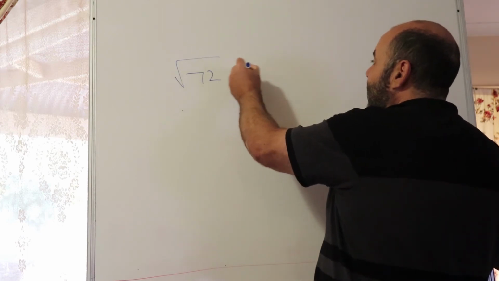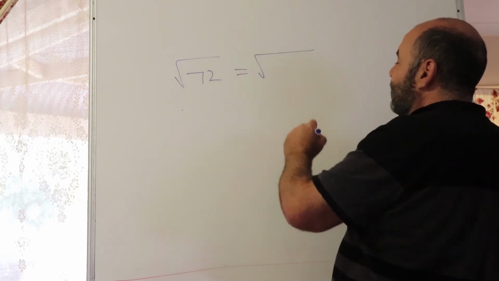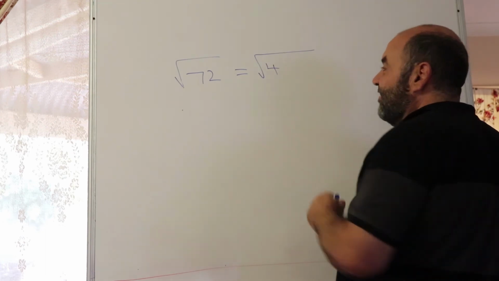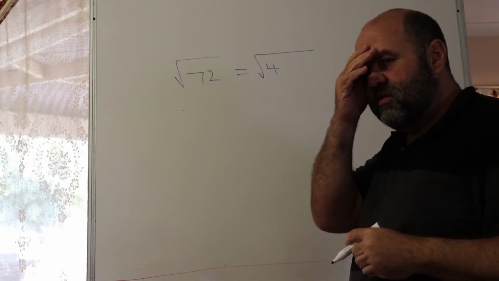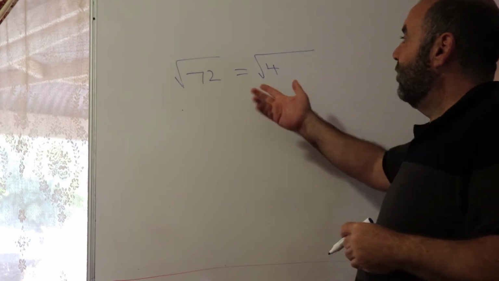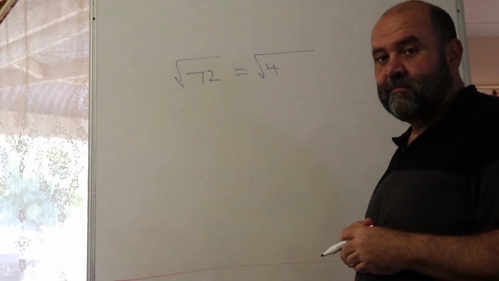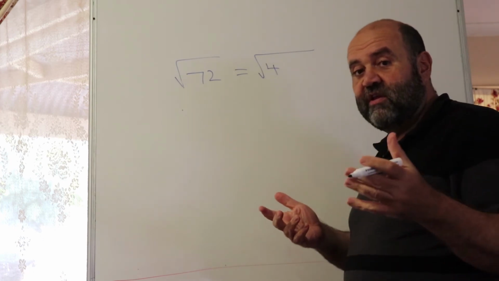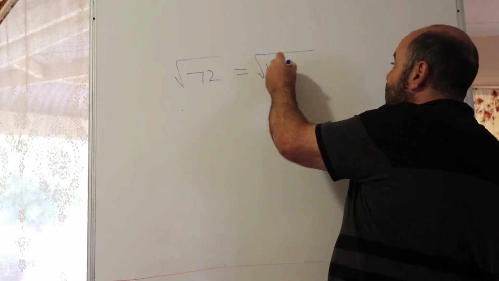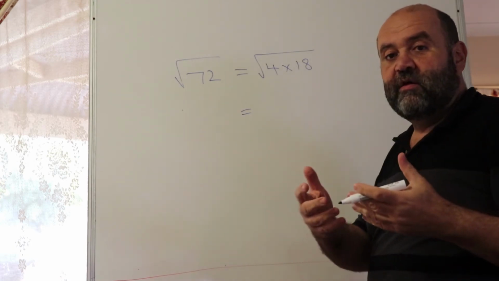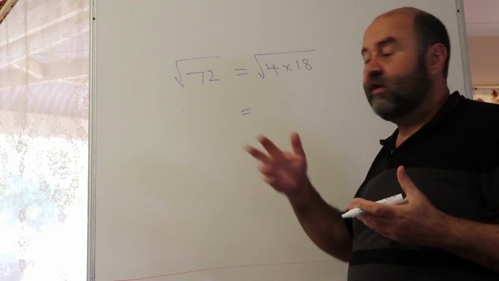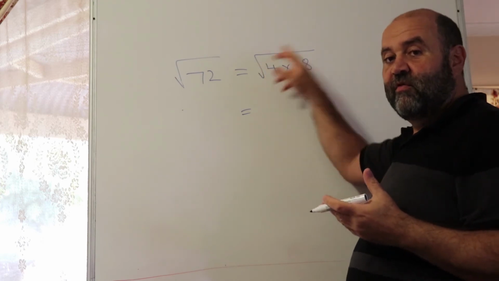So I come along and I say, okay, 72, I know that 4 goes into 72, and I think to myself, 4 times what? 4 times what goes into 72? Well, it's going to be 4 times 18. Okay, so you check that on your calculator.